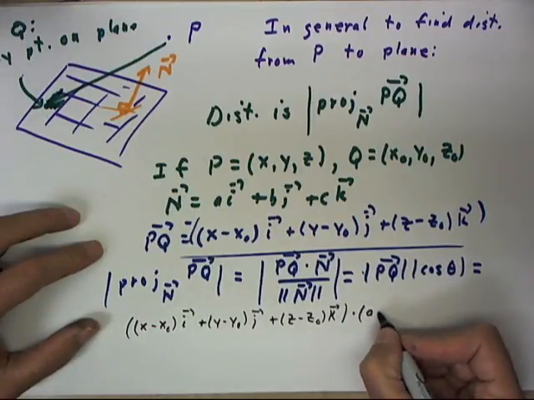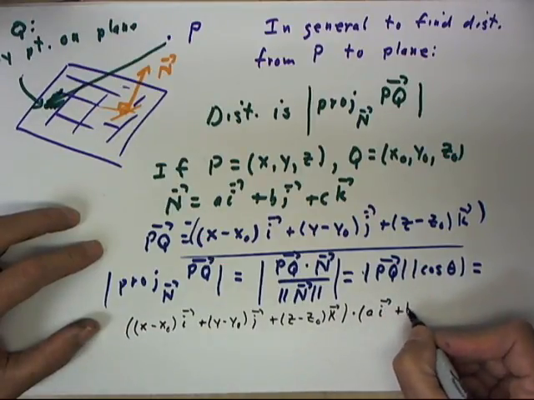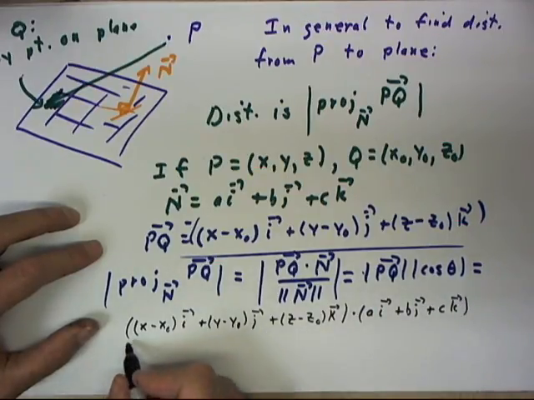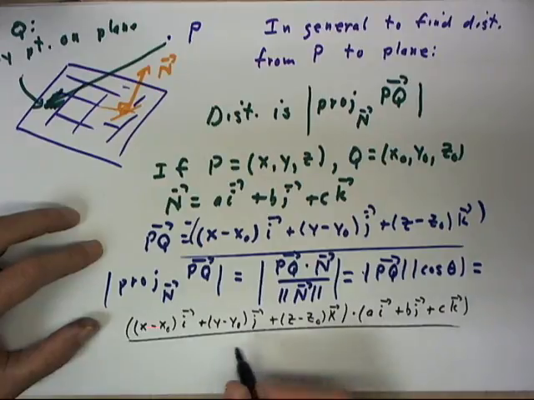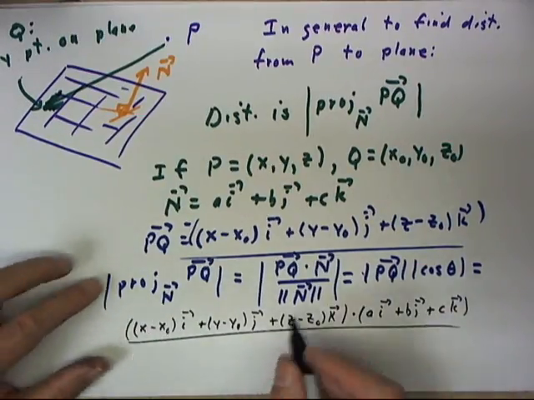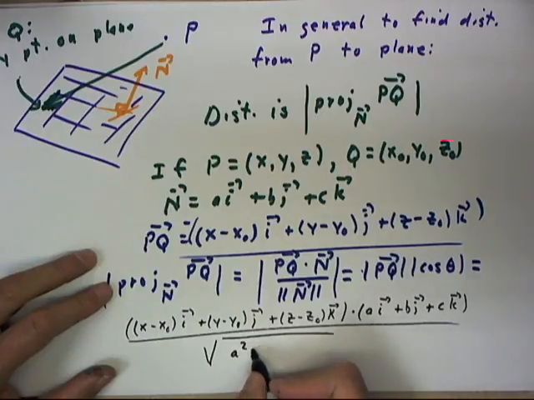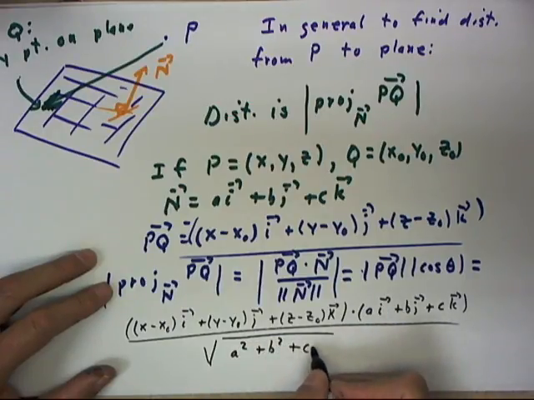It's really sort of unnecessary to write this out, but there's a point that I want to make about formulas versus pictures. So we dot the two vectors, divide by the magnitude of n, which is just the square root of a squared plus b squared plus c squared.